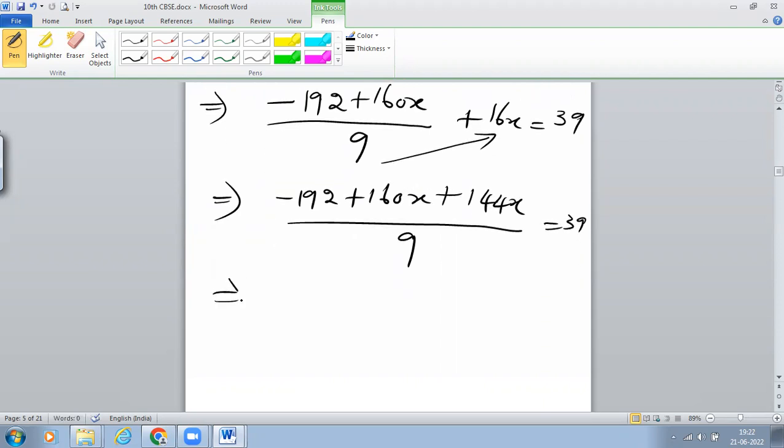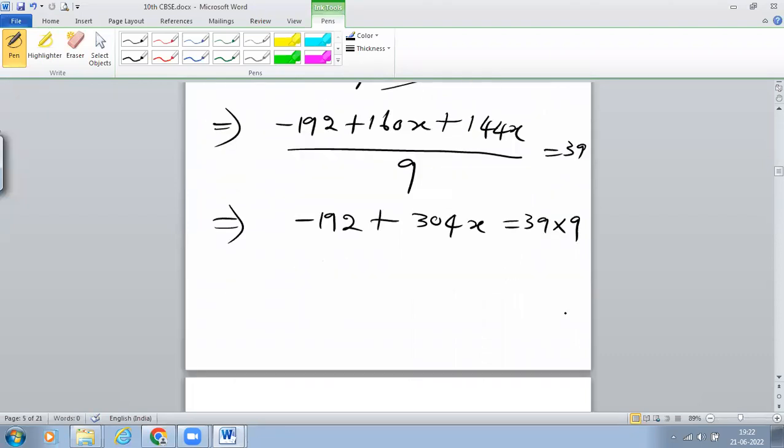Now what we'll get is in the numerator minus 192, 160x plus 144x is plus 304x. This is divided by 9. The 9 which is in the denominator, when taken to the opposite side, becomes multiplication with the numerator. That is 39 into 9. Now what we'll get is minus 192 plus 304x, which is equal to, what is 9 into 39?